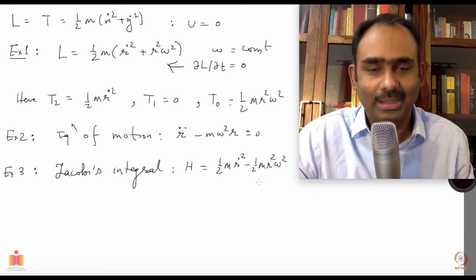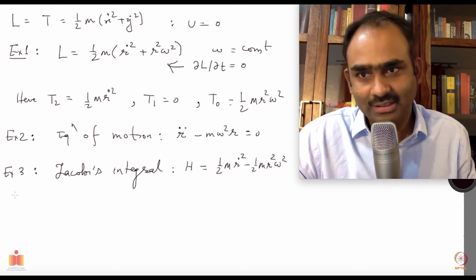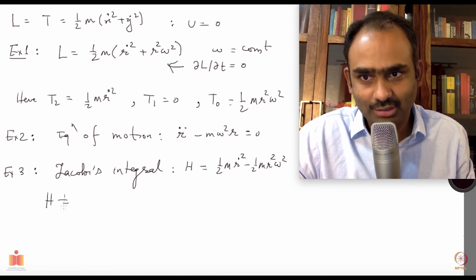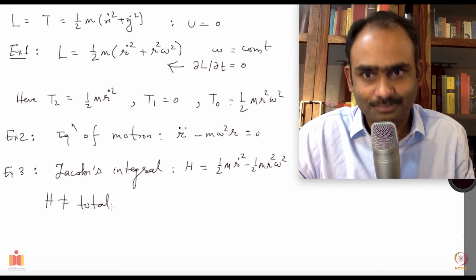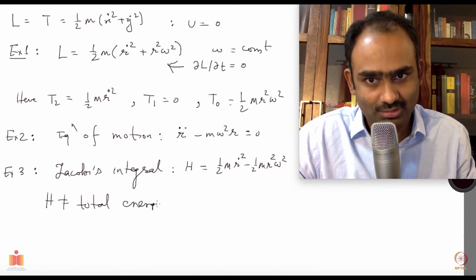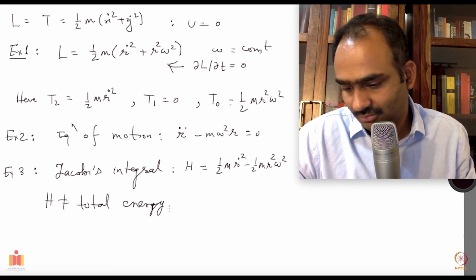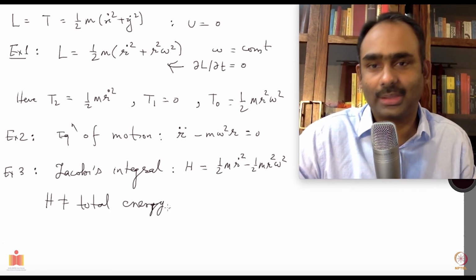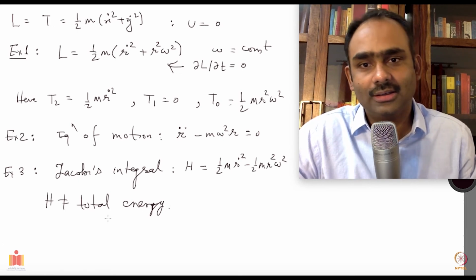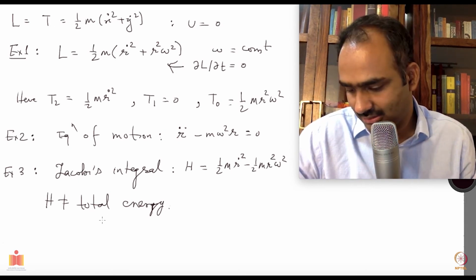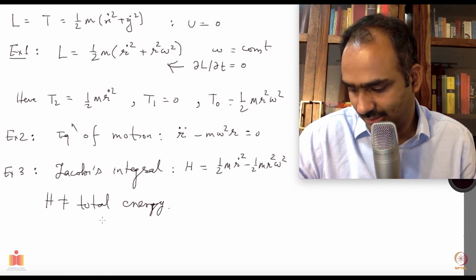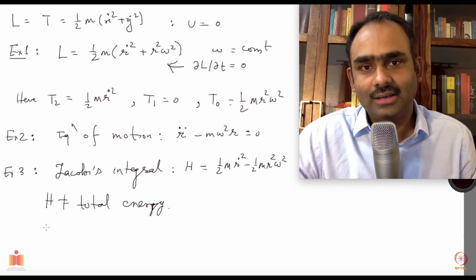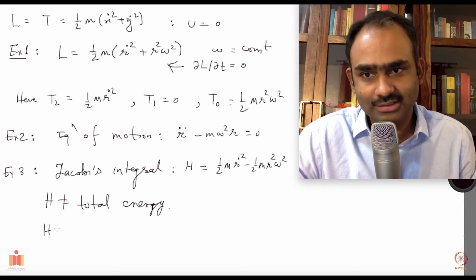So clearly this is not the total energy. So we see that H is not equal to total energy of the system. Okay, not surprising, because as we talked earlier, transformation laws do contain time explicitly. And is H conserved? Yes, H is conserved.